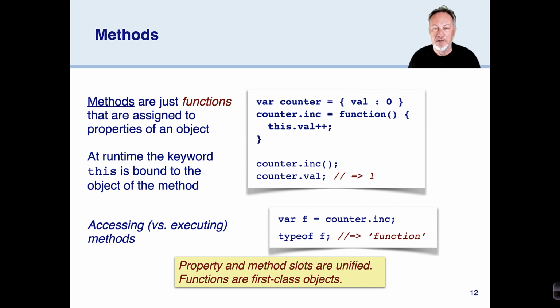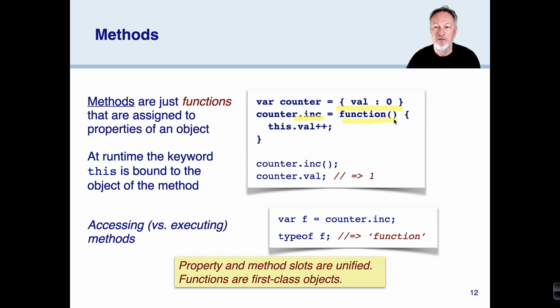Methods are properties just like any other property. They're simply values that are functions. So here, for example, we have a counter, and the counter has a property which is its value. And now we add a new property, which is inc, and this inc is a lambda.